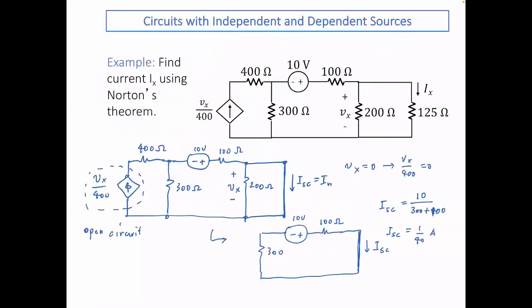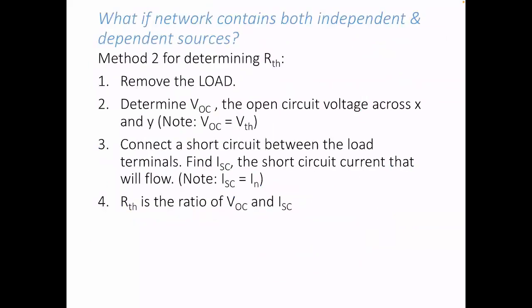Ang key, again, let's go back. Ang key is, since my network contains both independent and dependent sources, then I have to get the open circuit voltage, the short circuit current, and then RTH is the ratio of VOC over ISC. That's how I compute my Thevenin resistance.